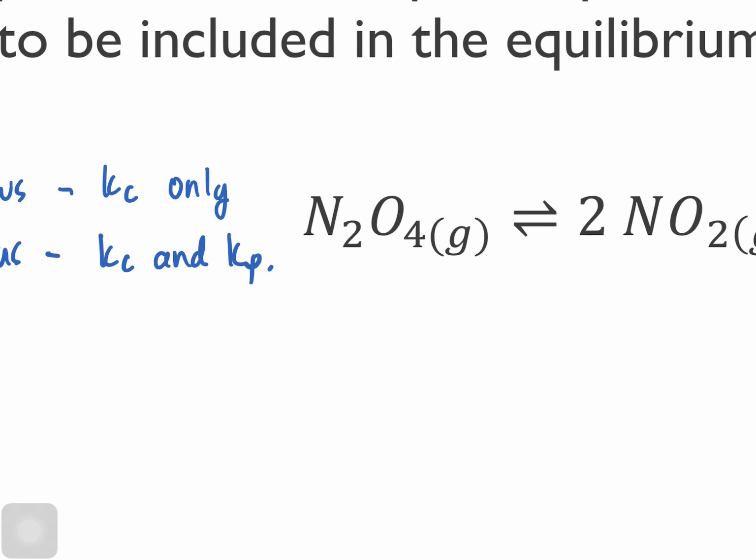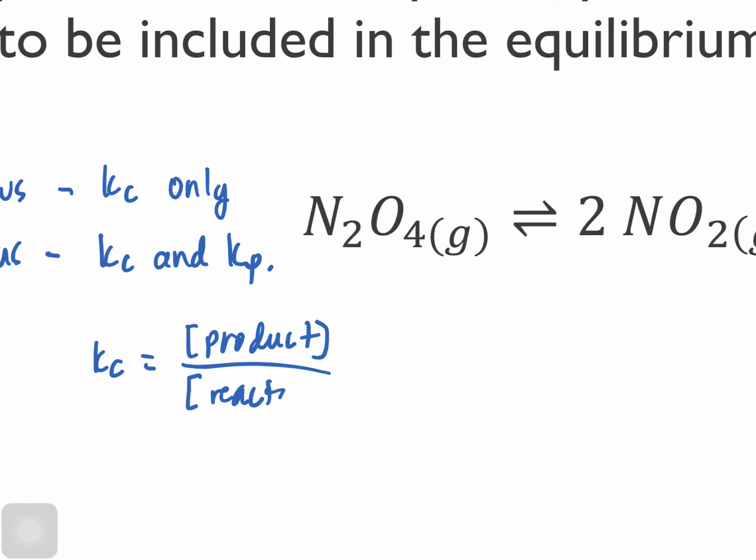How are we going to do that? For Kc, that is the concentration of your product over reactant. So Kc is equal to the concentration of NO2 raised to 2. Why do we have a 2 here? Because the NO2 has a stoichiometric coefficient of 2.